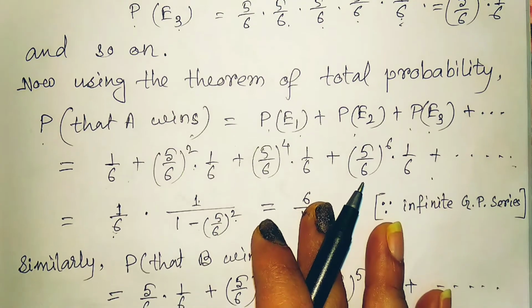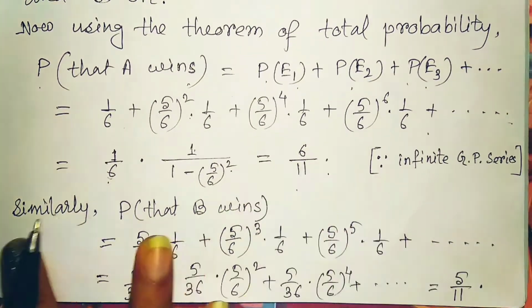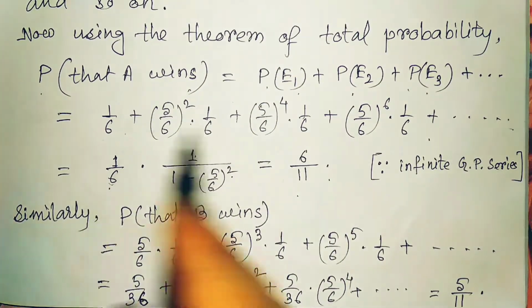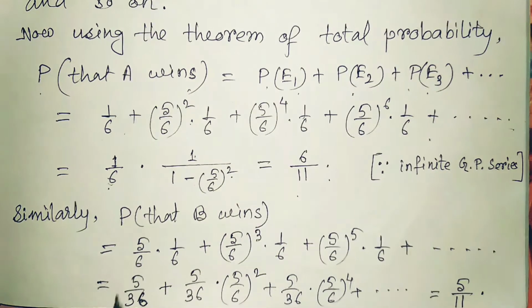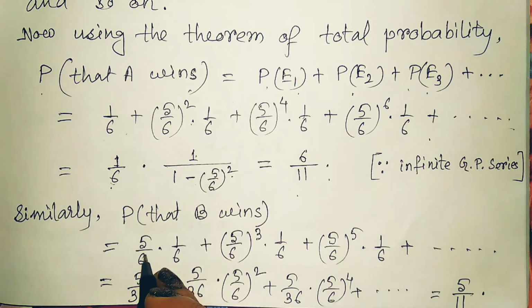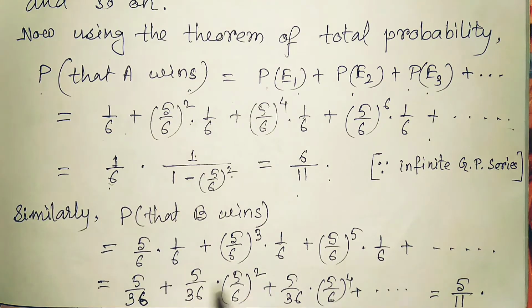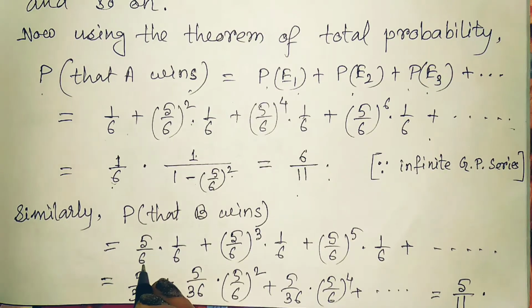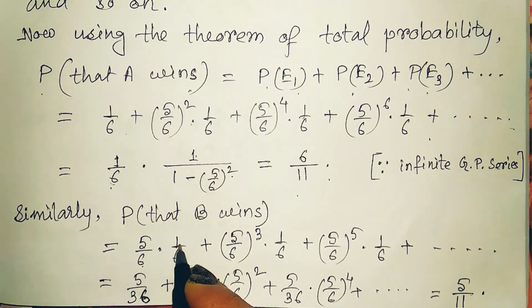Now similarly, if we want to find the probability of winning of B, we will do it in just the same way, but as B gets the second chance, first A has to throw a non-6, that means A should fail, so its probability is 5 by 6, and B winning has probability 1 by 6.